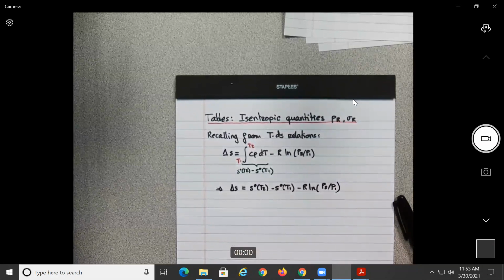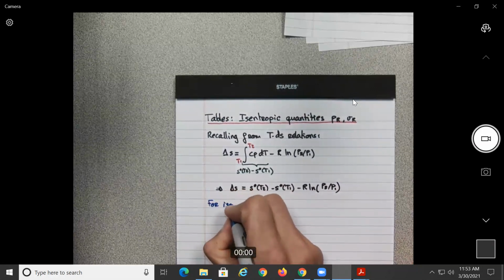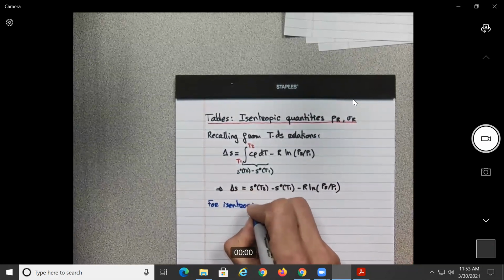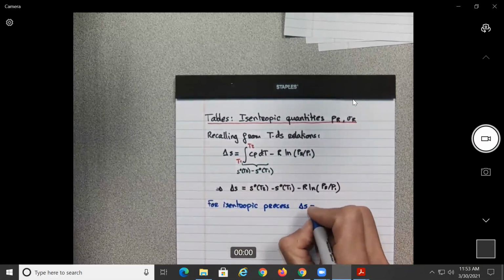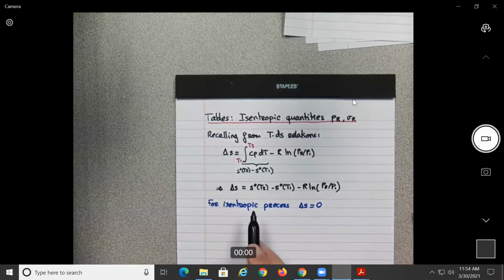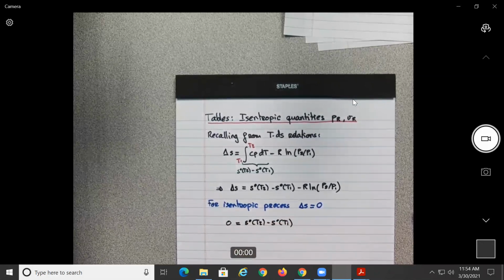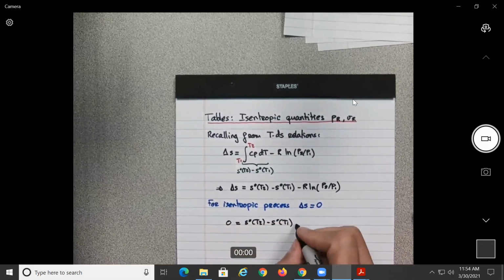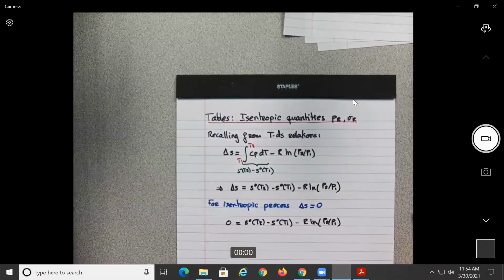Okay, so now what do we know for isentropic process? Isentropic means that the change in entropy is zero, no? So that means we can take this equation and equate the left-hand side to zero. So we have 0 equal to S upper naught T2 minus S upper naught T1 minus R log P2 over P1.